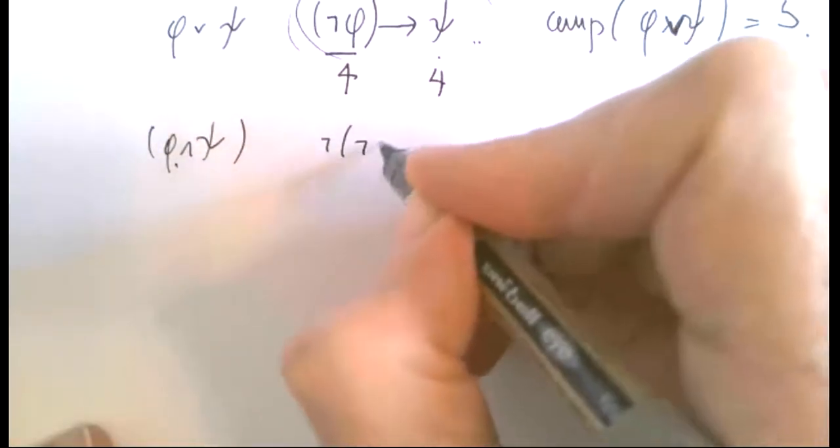And then, sorry, this is and. So phi and psi is equivalent to not phi or not psi. So in general, if the complexity of phi here is k and the complexity of psi is L, then for phi or psi, this has got a value, what is this?